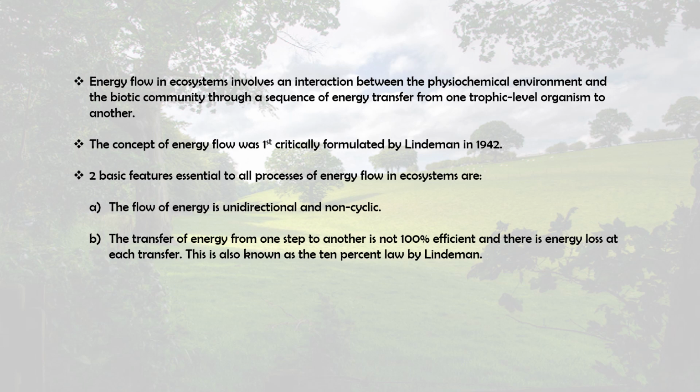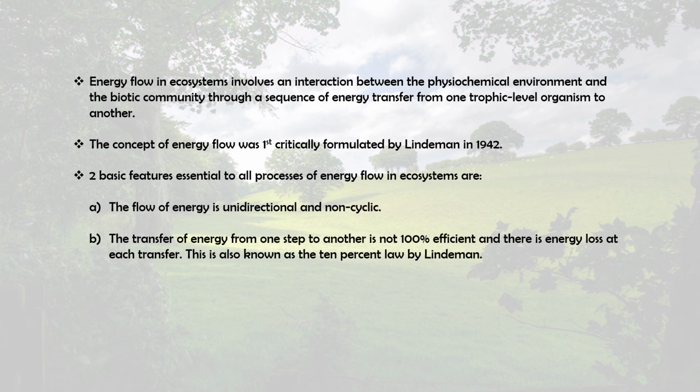And the concept of energy flow was first critically formulated by Lindemann in 1942. There are two basic features essential for all the processes of energy flow in ecosystem, which are the flow of energy is always unidirectional and non-cyclic.